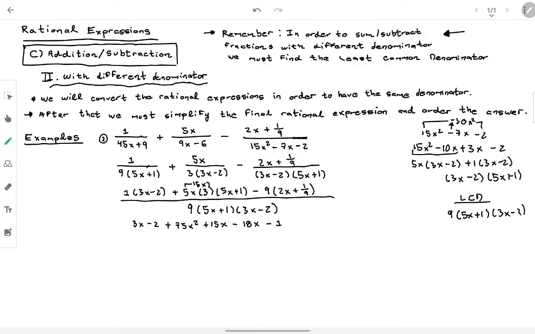That's going to be minus 1. All of it divided by 9 that multiplies 5x plus 1 that multiplies 3x minus 2.